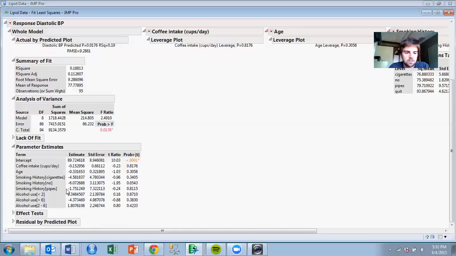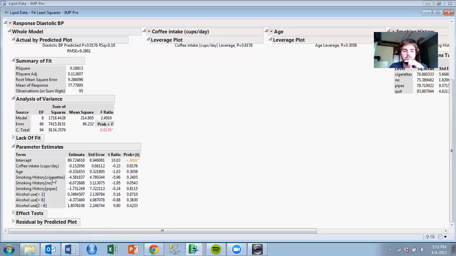Okay. So you'll notice there's cigarettes, no, and pipes for smoking history. And there's alcohol use at a whole bunch of different levels here. What JMP does with those categorical variables is it puts them in alphabetical order, and it makes the last one alphabetically -1s, and then it moves that one through.